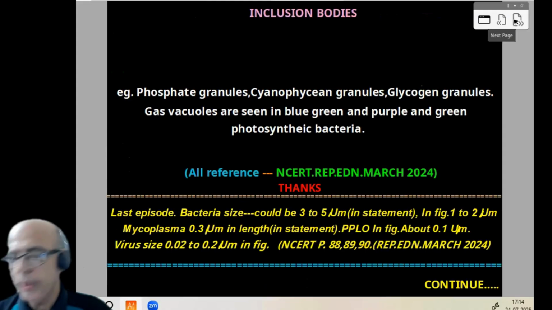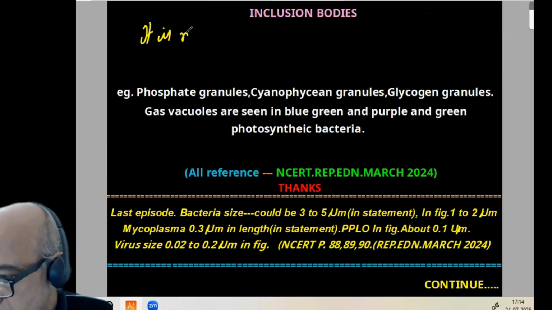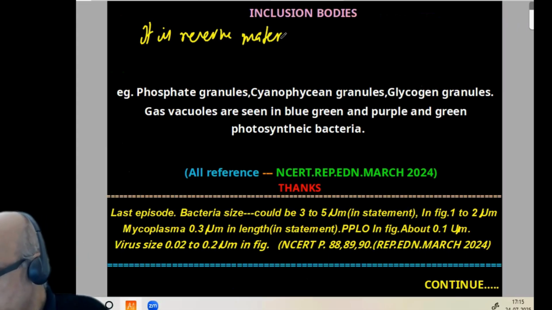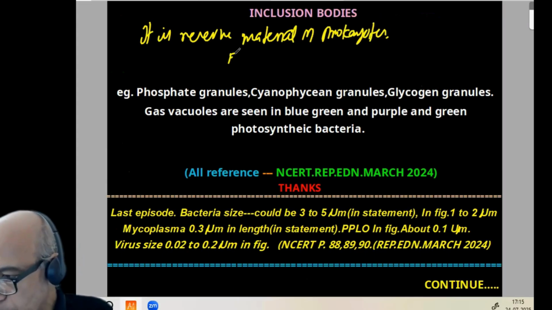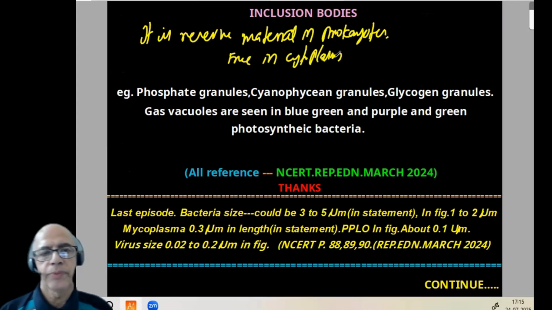Ribosome is only this. Now the inclusion body. What is meant by an inclusion body? It is a reserve material in prokaryotes, free in the cytoplasm, with no membrane.